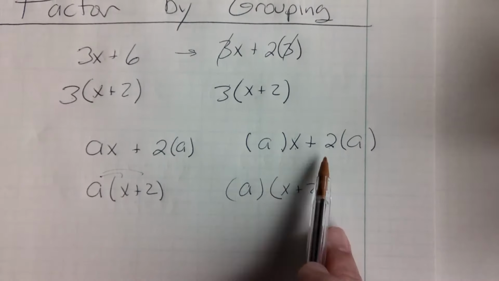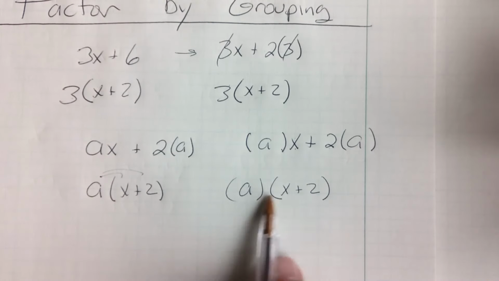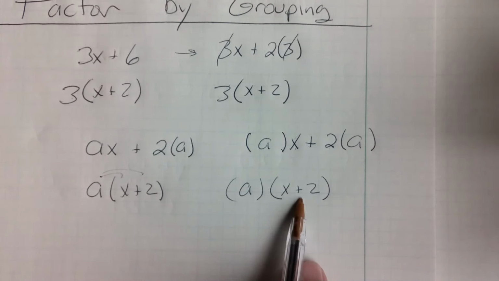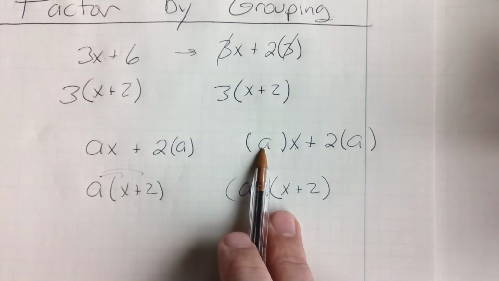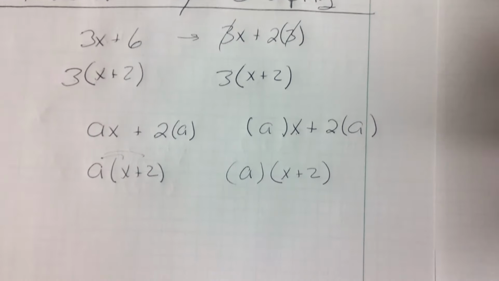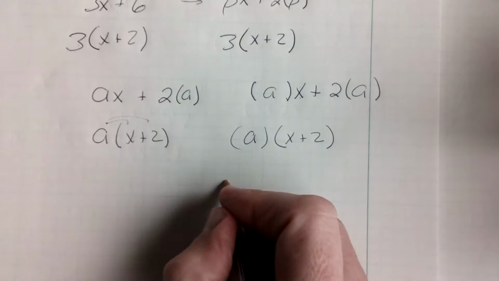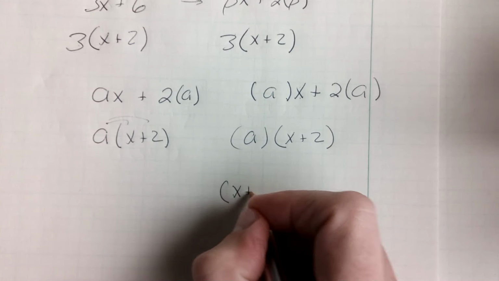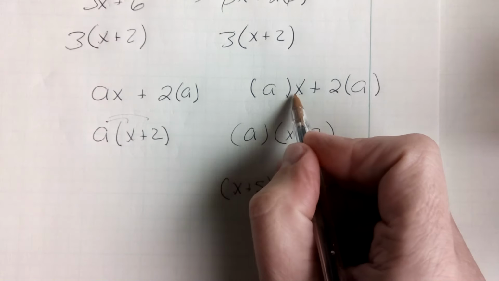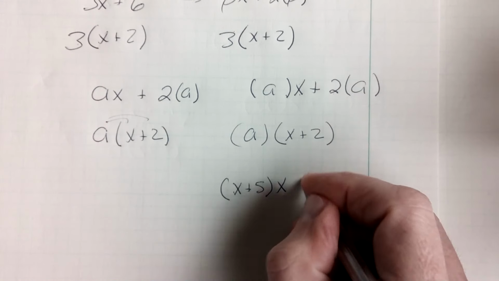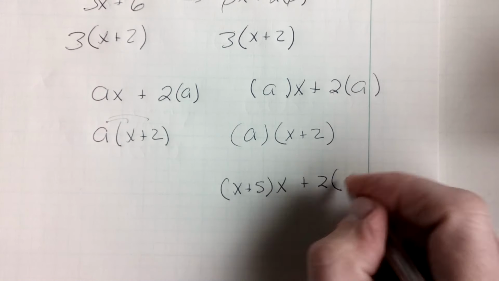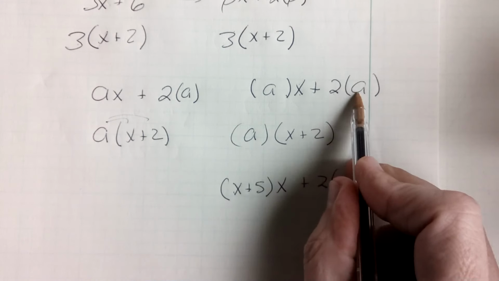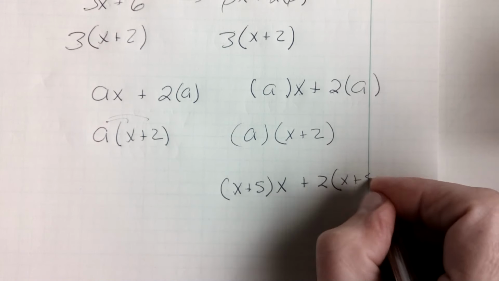And the stuff that was on the outside became 1. So I'm going to do this one more time, except I'm going to replace the a with even something else. I'm going to do parentheses, and something like, I don't know, x plus 5 times this x plus 2 parentheses. Again, I'm going to make an x plus 5.